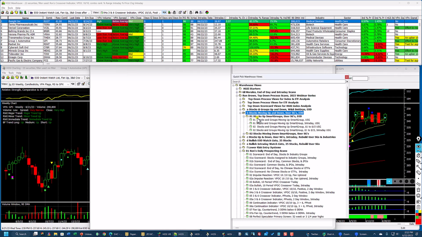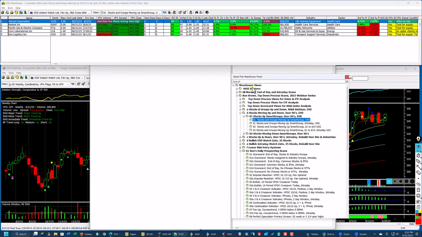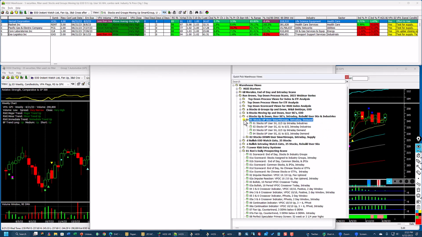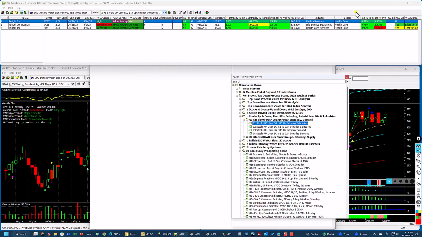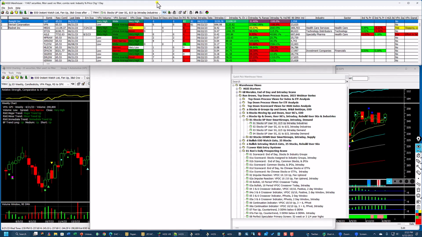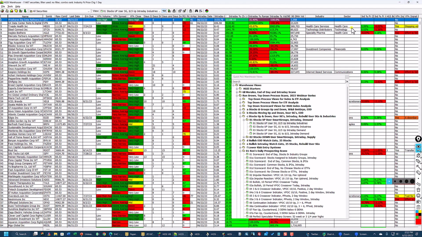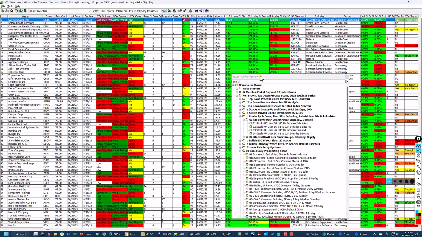Now, I mean, this is great. You can go in here, you can click on this, and let's go to C. I need to go to all securities to show this. These are the stocks and groups which are up today.